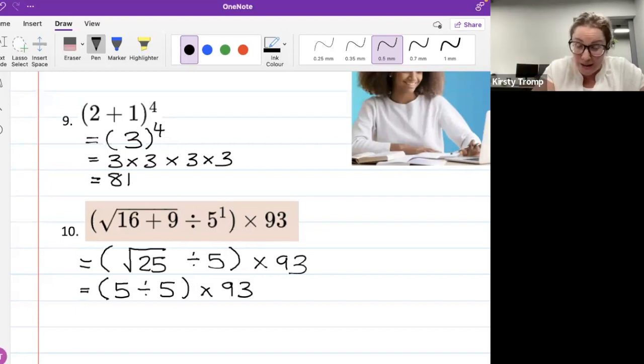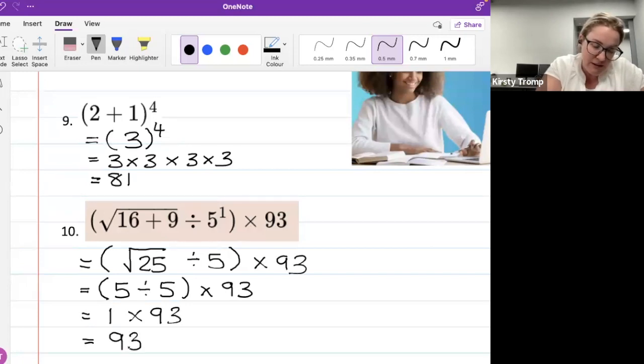It seems so hard in the beginning, but when you do it in steps, it's actually really helpful. In my brackets, what's 5 divided by 5? 5 divided by 5 will give me 1, times by 93. 1 times 93 is going to give me 93. So my final answer there is 1 times 93, which is 93.